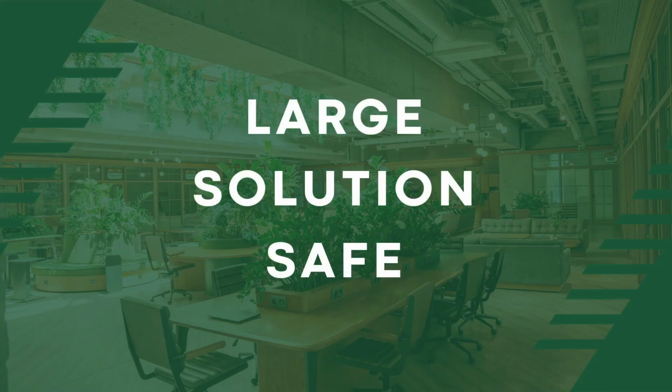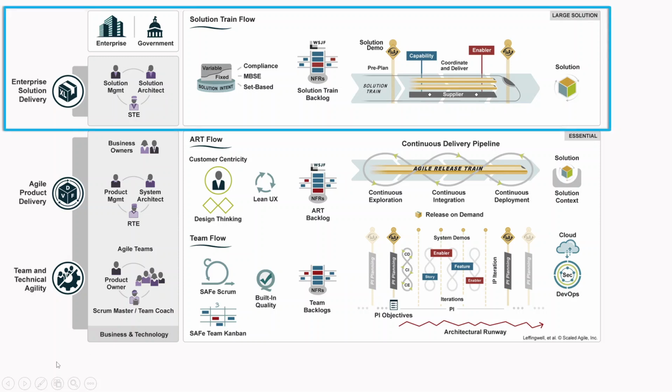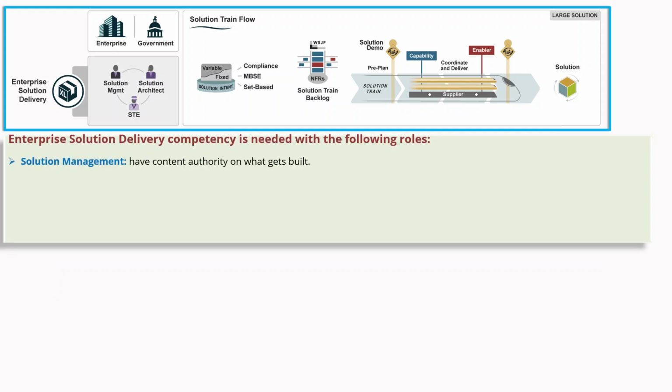So what is the Large Solution SAFe? In fact, here we have the same level, which is the Essential SAFe, and a new level, which is the Large Solution level, or the solution train, that contains the enterprise solution delivery competency and 3 main roles, which are the solution management that have content authority on what gets built.